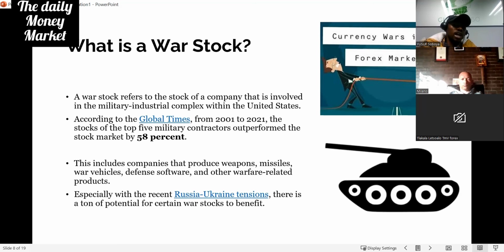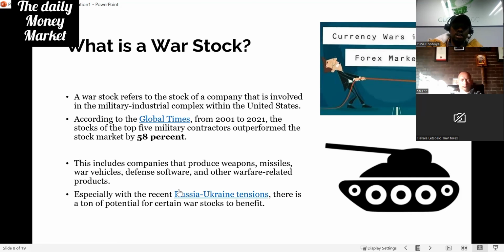So you see, these types of stocks from 2001 to 2021 actually performed better than the other instruments in the stock market. This includes the companies that produce weapons, missiles, war vehicles, defense software, and other warfare-related products.